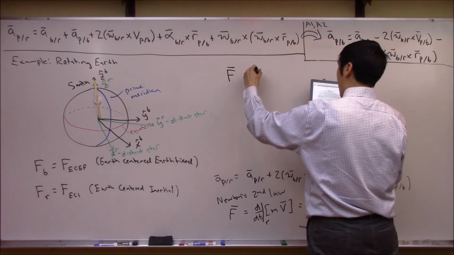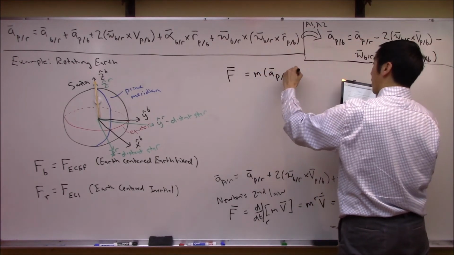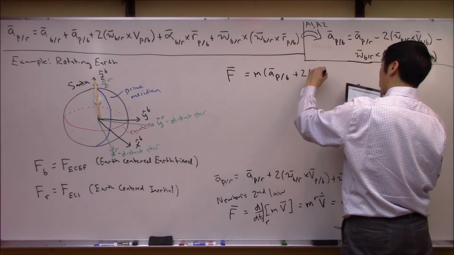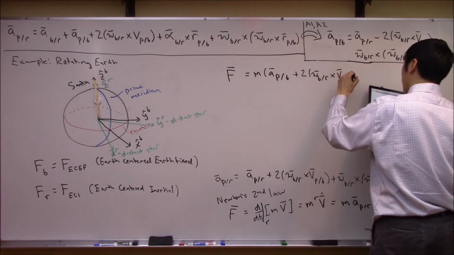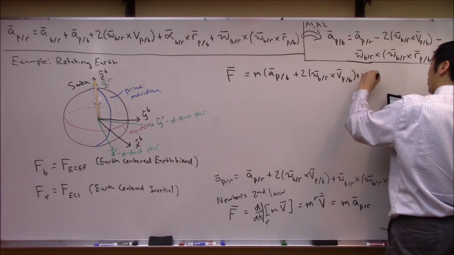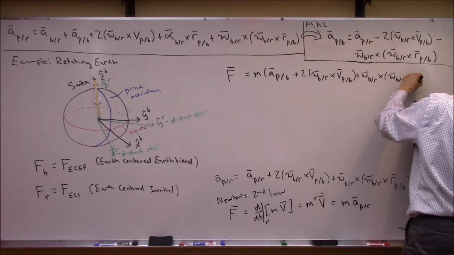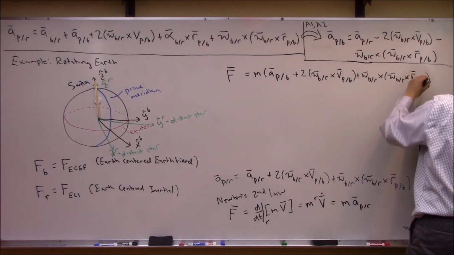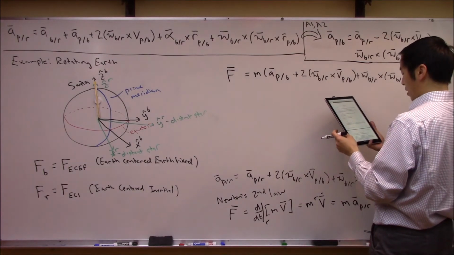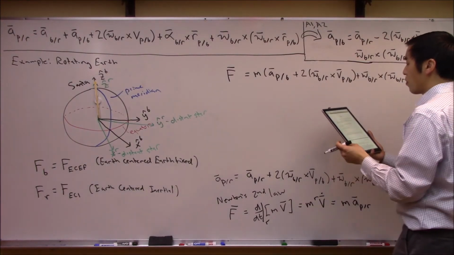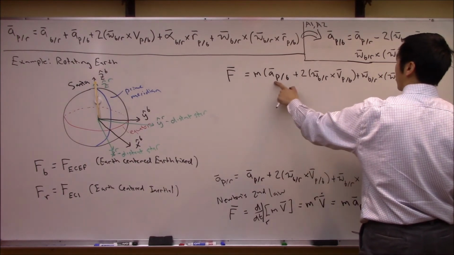This is mass times A_P with respect to B, plus 2 times omega_B with respect to R cross V_P with respect to B, plus omega_B with respect to R crossed omega_B with respect to R crossed r_P with respect to B. Maybe let's distribute the mass through each one of these terms.